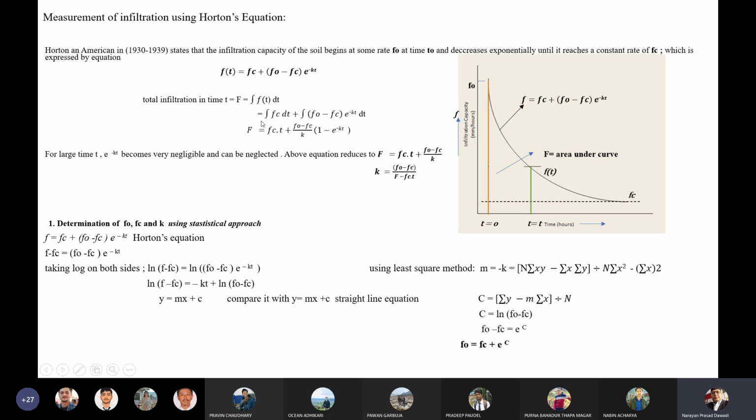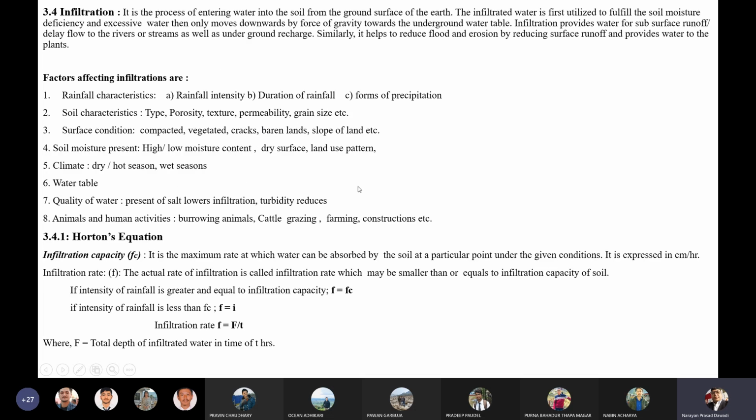Now, Horton's equation. Horton, an American, invented the formula for finding the infiltration capacity of the soil. The infiltration capacity of the soil is the maximum rate at which water can be absorbed by the soil at a particular point under a given condition.